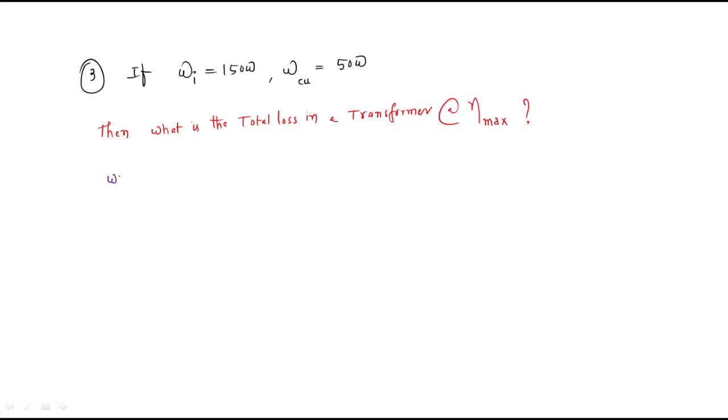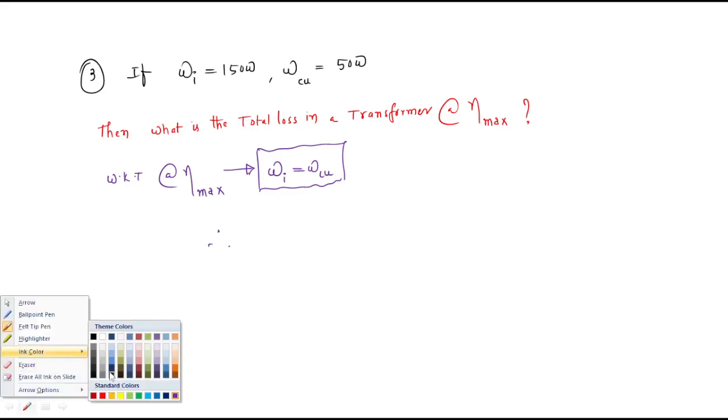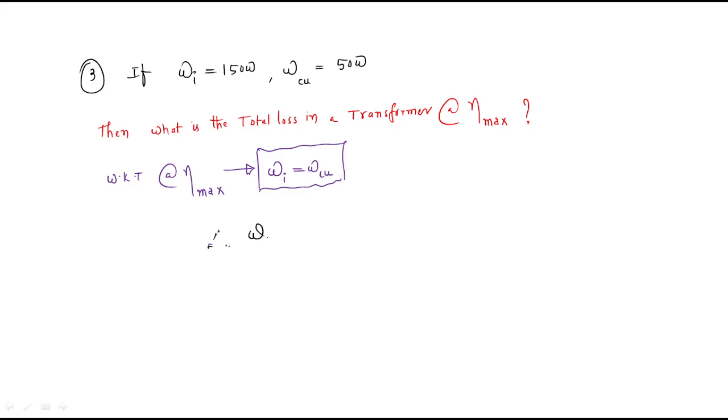So we know that at maximum efficiency, the iron loss component should be equal to the copper loss component. Therefore, what about the iron loss component now? Wi should be equal to 150 watts. What about WCU?